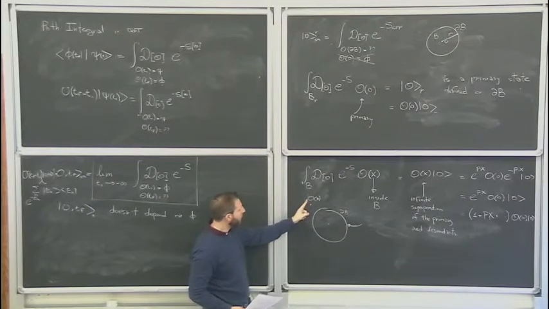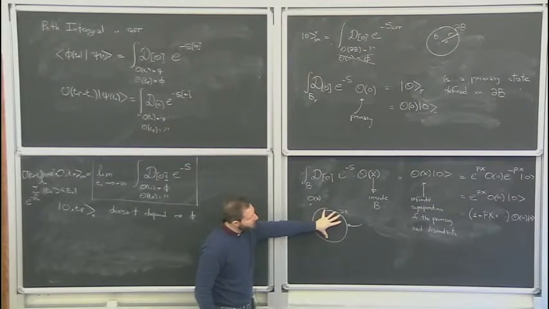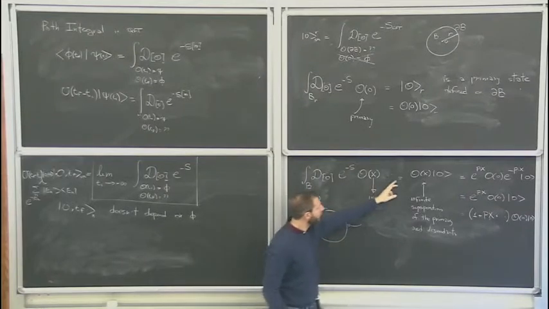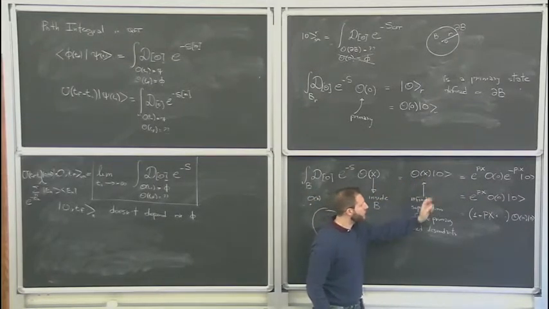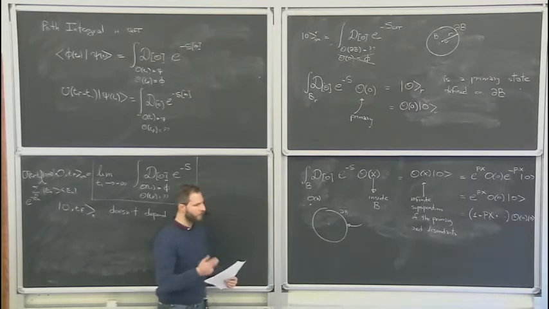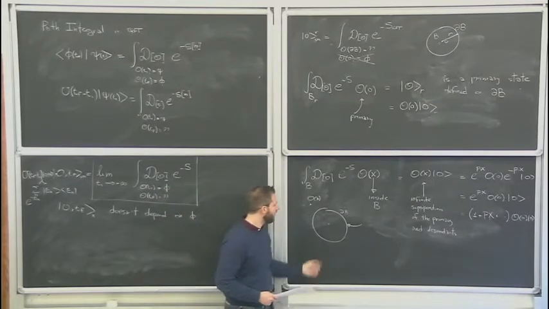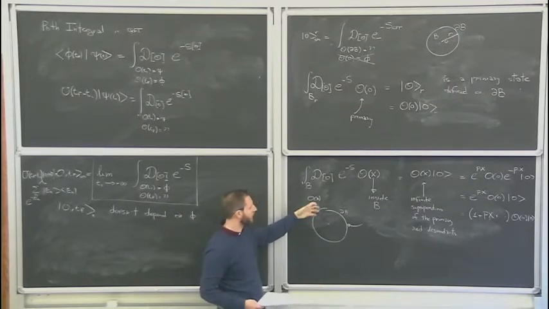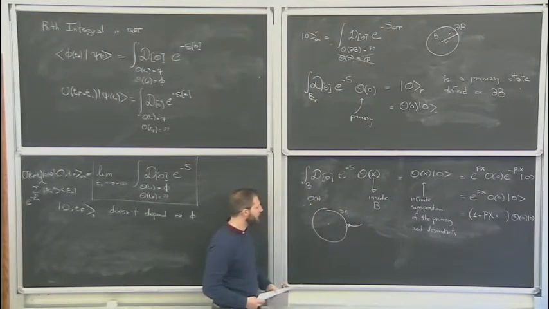So only when you insert an operator inside the sphere, on the boundary of the sphere, you create a state with the proper dimension and Lorentz transformation. If you insert the operator outside the sphere, then you don't do anything.